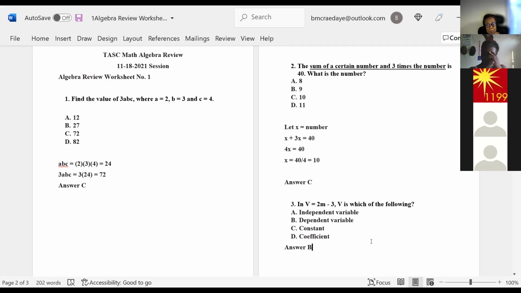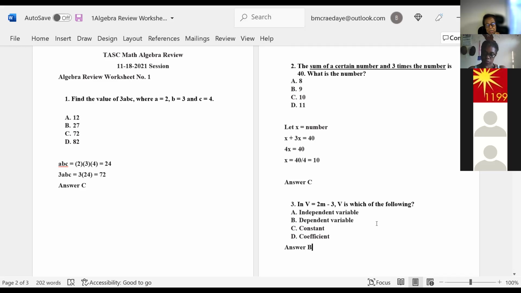V is your output. M is your input. Your output is always your dependent variable. Think of it that way.